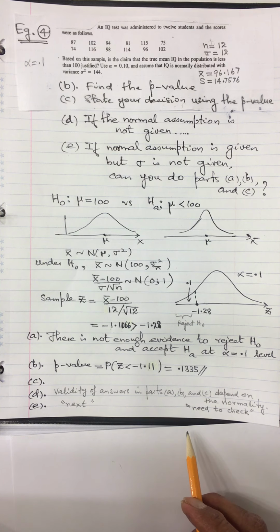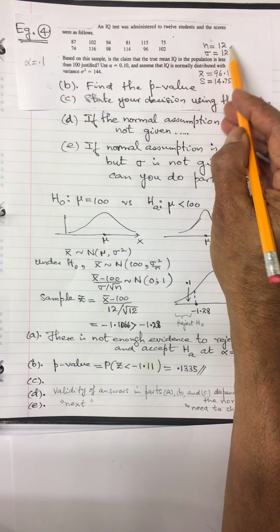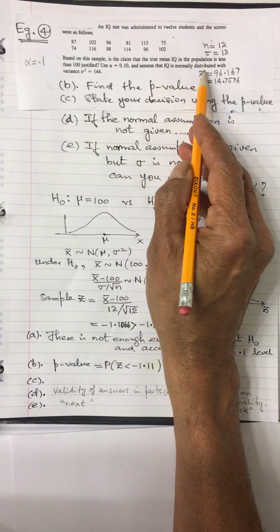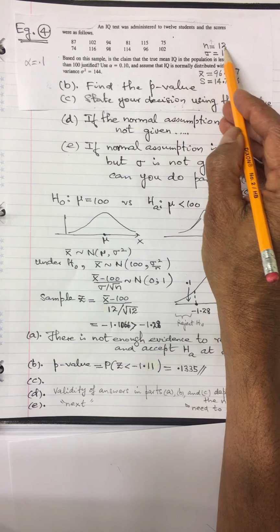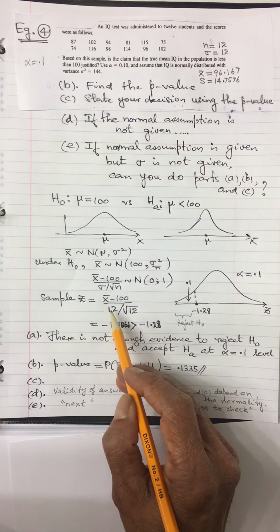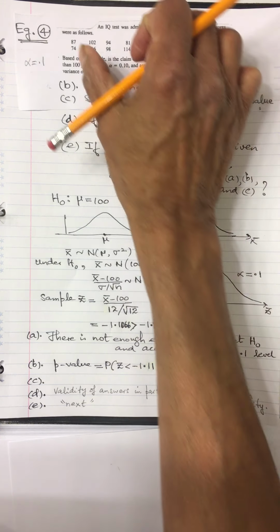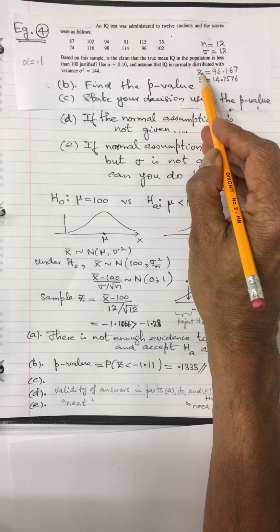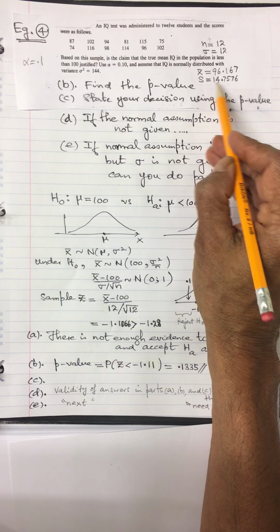So here the assumptions are fine, even though n is small, because they give you that the initial population is normally distributed. At the same time the sigma is 12, that is given. By the way, for this sample the average x bar is that, and the sample standard deviation is going to be that.